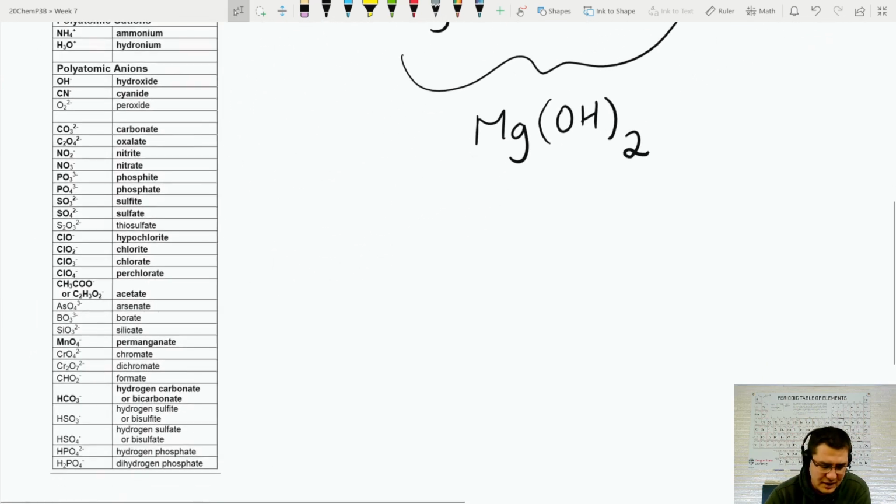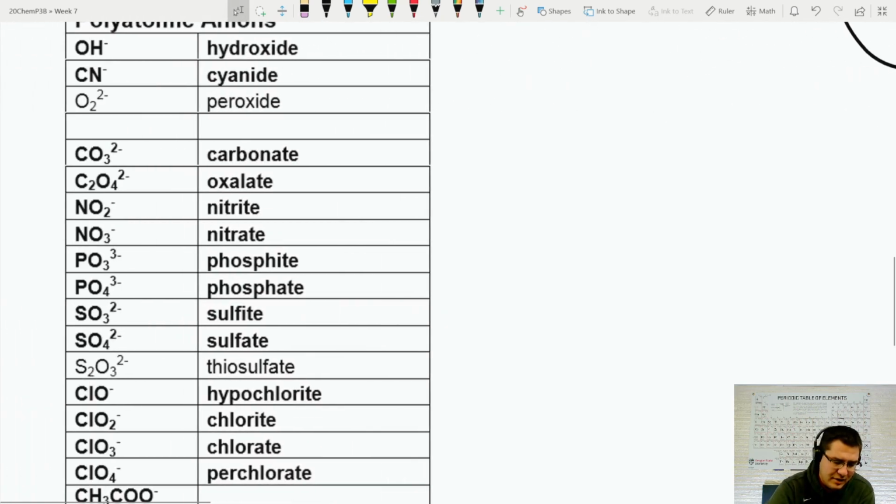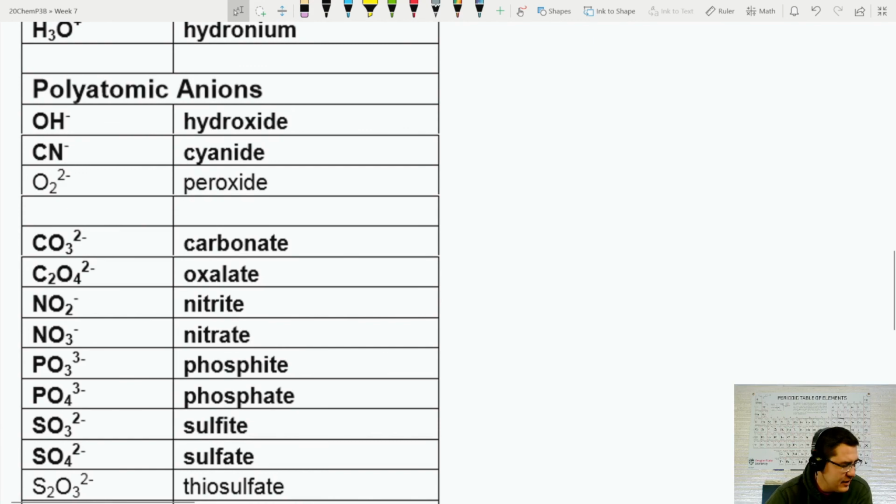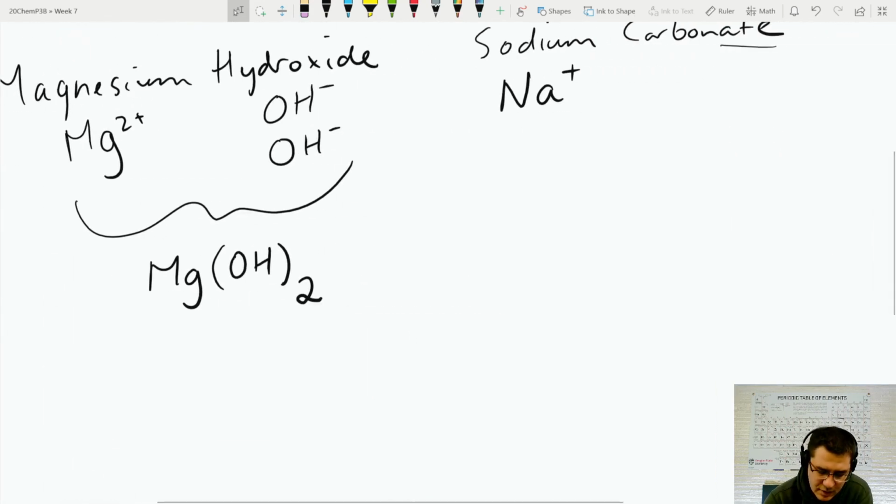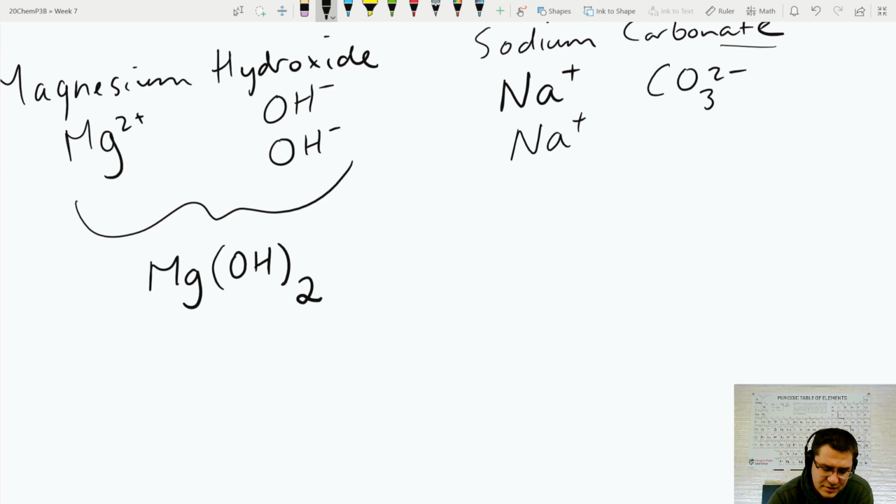So I'm going to jump directly to my polyatomic anions. And there it is, CO3, 2-. Okay, so I balance the charge. This time I need 2 sodiums to balance out the charge of -2. Again, I'm balancing charges. So these numbers in the upper right-hand corner need to add up to 0.